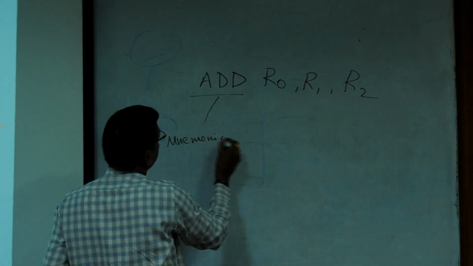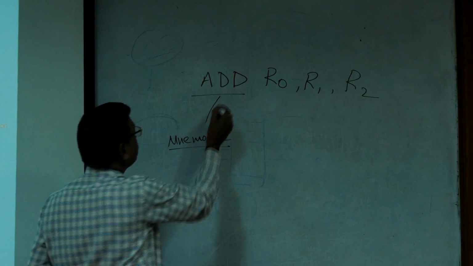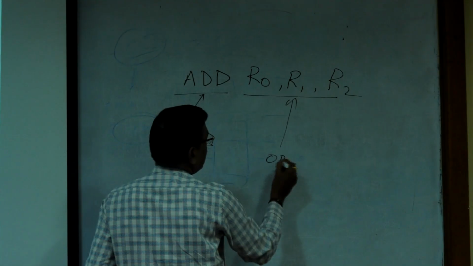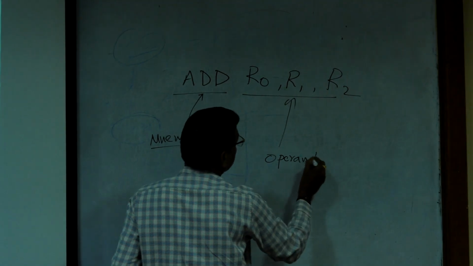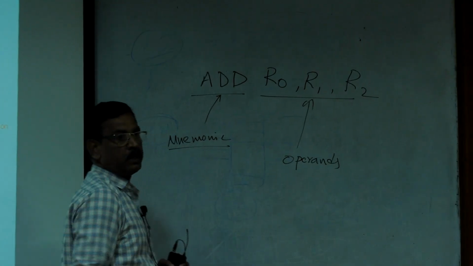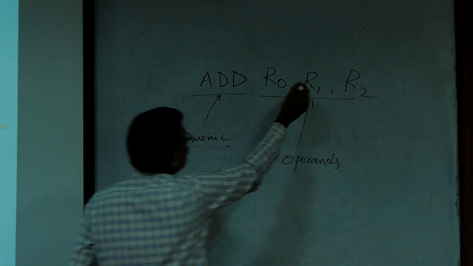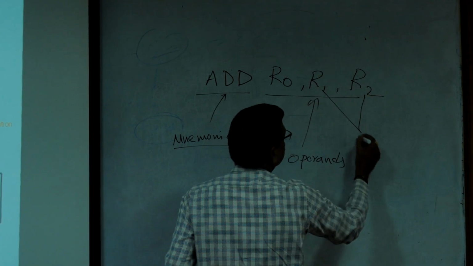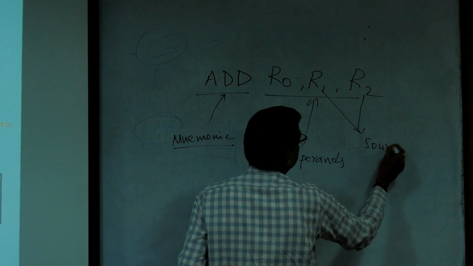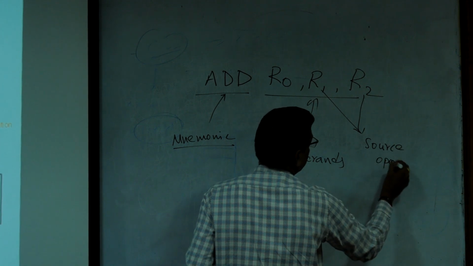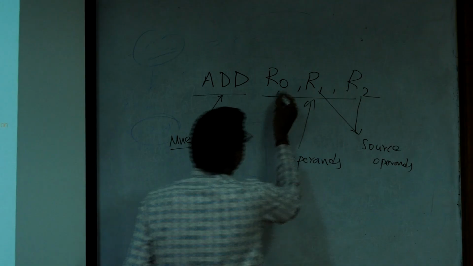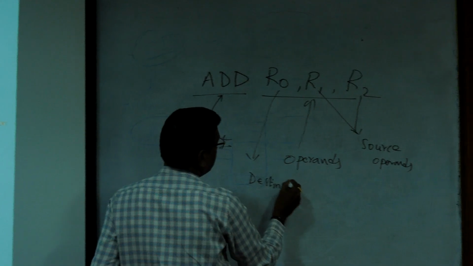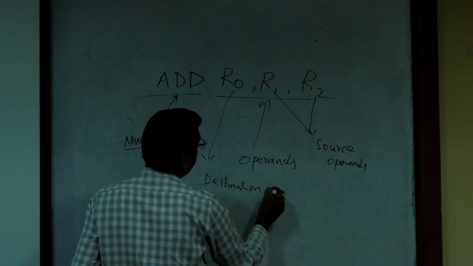Then these are your operands. It is a 3 operand instruction. These 2 are the source operands, and this one is your destination operand.